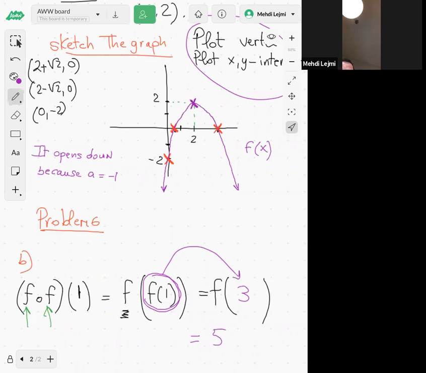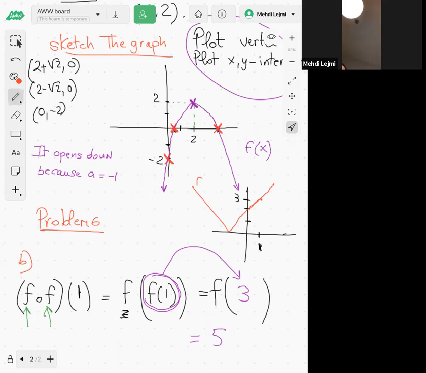So how I got the 3, guys, in case some of you have trouble with this: you are looking for f of 1, for example. This is 1 here, and the graph of f looks something like this.